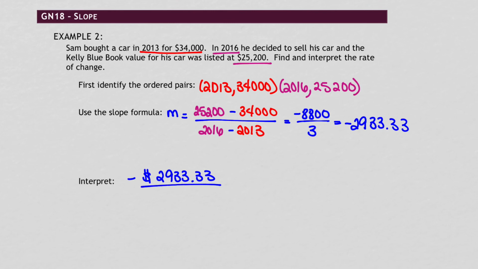And so we can put 1, again it's year, on the bottom. Now we don't just leave it like this because there's no such thing as negative money. What does this mean?